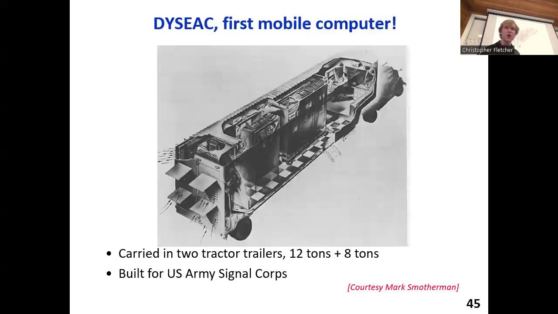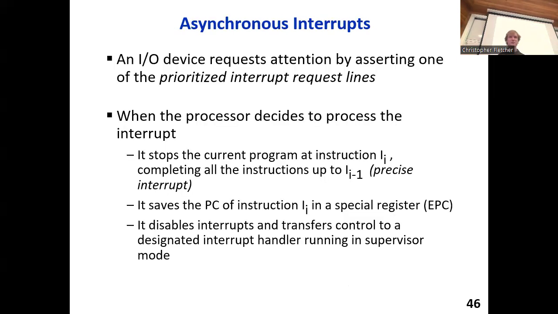Kind of a noteworthy machine in history. DYSEAC was the first so-called mobile computer. And by mobile, we don't exactly mean what we mean today. But hey, technically speaking, it rolled around. Its GPS coordinates changed over time.